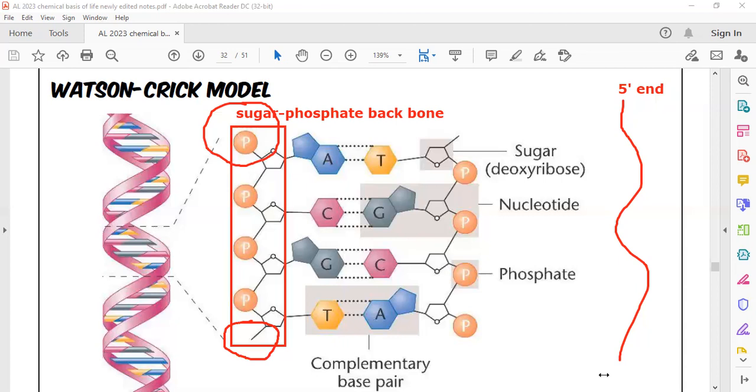Then how can you call this end? 3' end. It is 3' end. Okay. So in a sugar phosphate backbone, one end will be 5' end and one end will be 3' end. Agree?